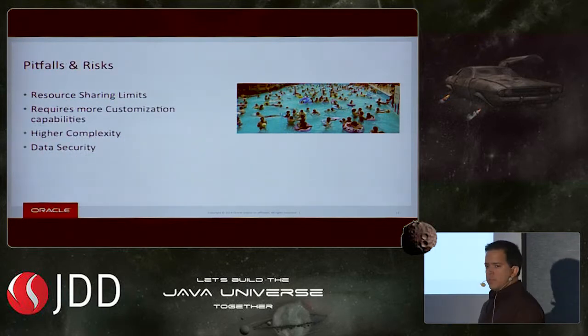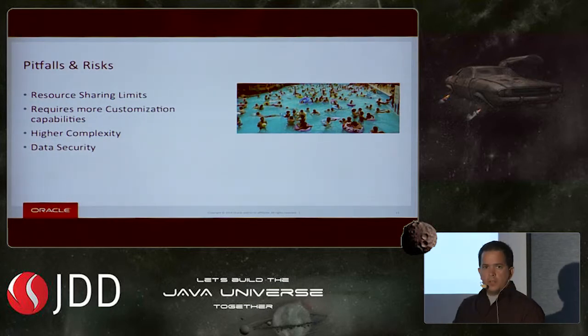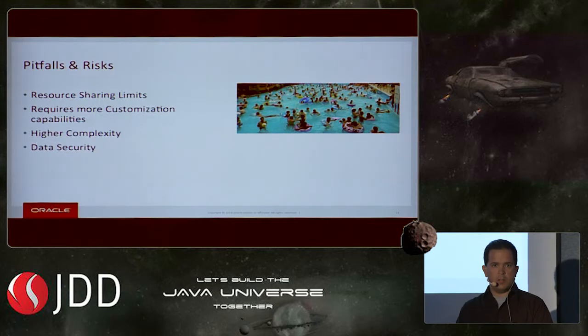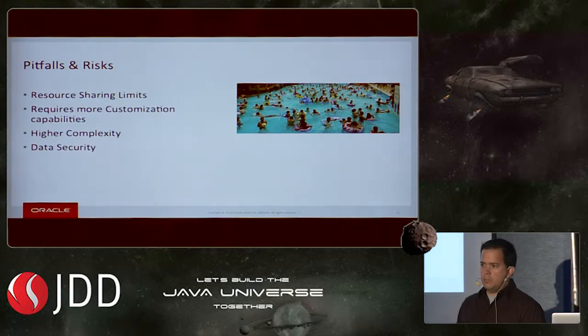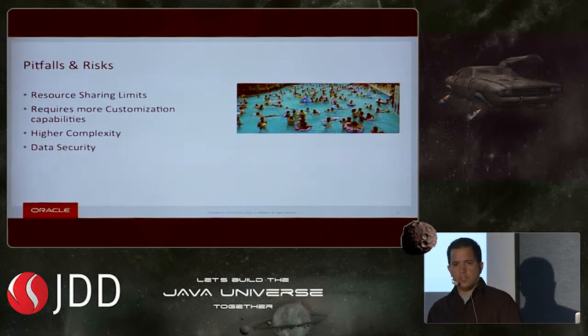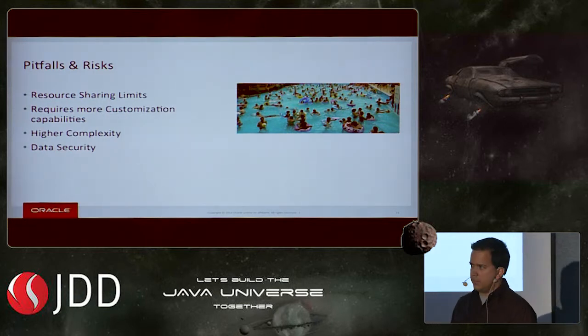Some of the pitfalls and risks: obviously, when you allow people to share those resources, how do you limit the sharing? You don't want someone to take all your CPU and all your memory, affecting other customers. I think software has come a long way. Some of your OS virtualization capabilities now provide a lot of flexibility on that.